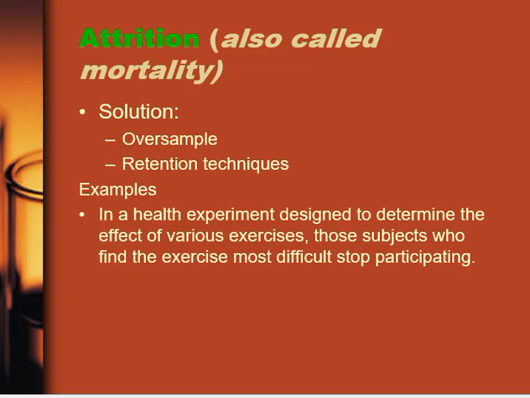So how do we solve this? Well, a lot of people will oversample. For example, if you know that you need 30 people in your experimental group and 30 people in your control group, you might actually oversample, and let's say you do 35 people in each group. That way, if some people leave, it won't be as big of a deal. We also work really hard at retention techniques.